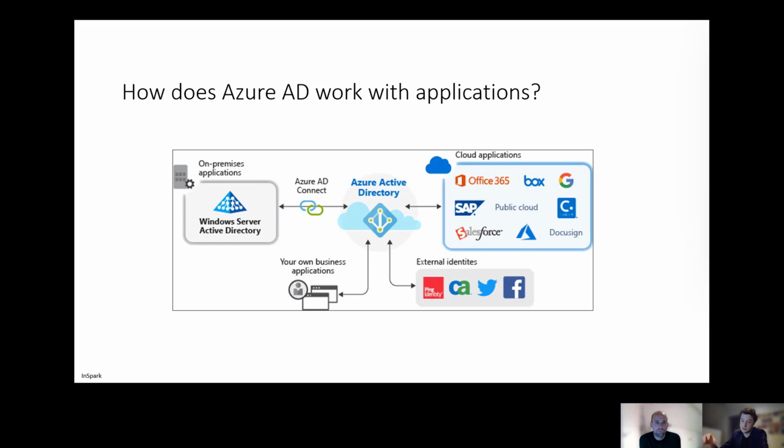Yeah. That means basically that if HR set an account to expire on the 1st of January 2021, that also means that that same account will be disabled on the 1st of January within those third-party web-based apps.